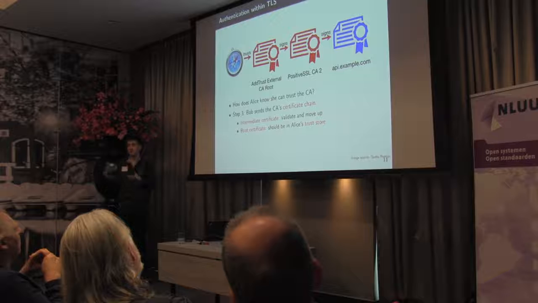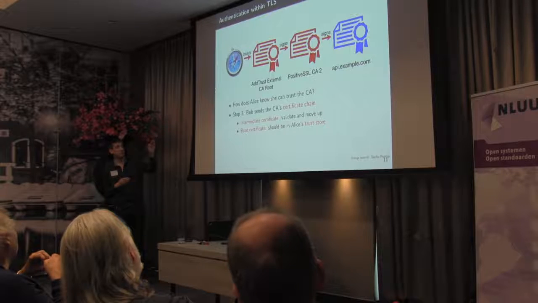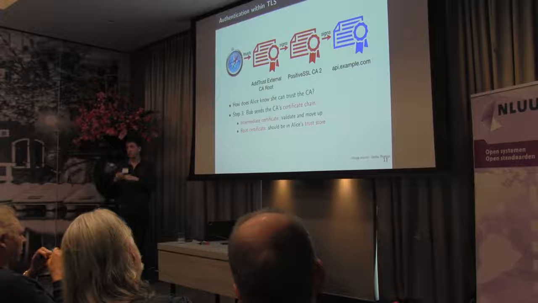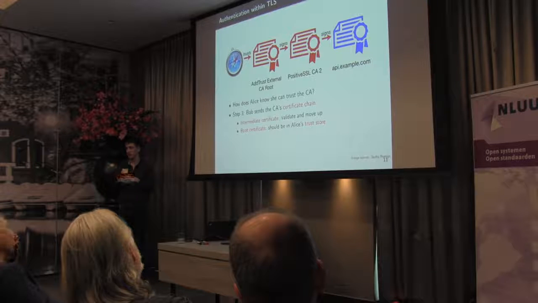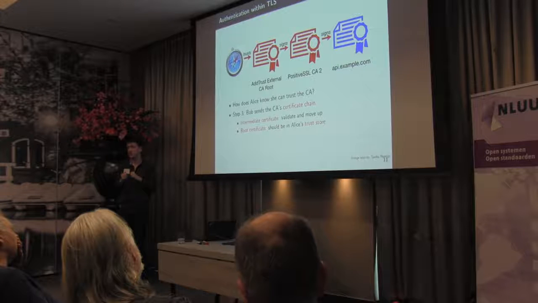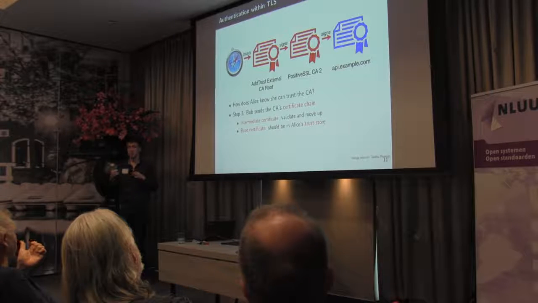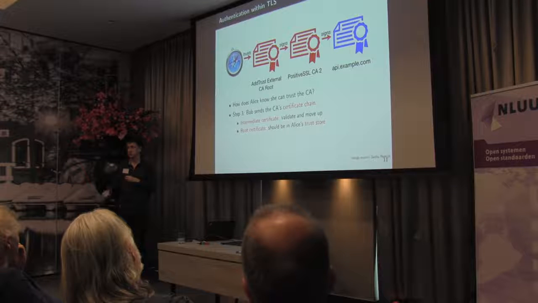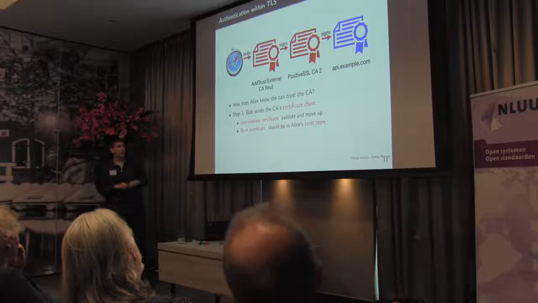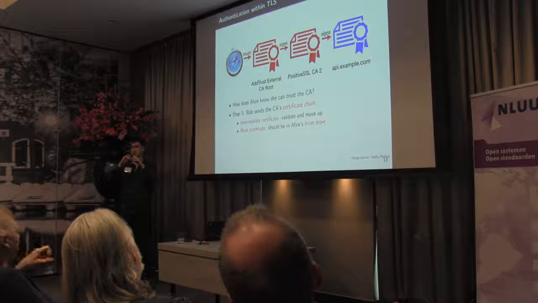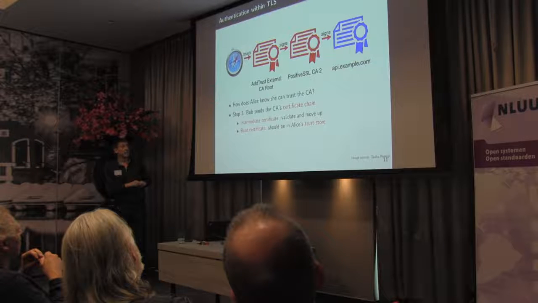And usually the same certificate authority operates multiple levels of certificates. For example, an intermediate certificate that is valid for a smaller period of time, and a root certificate that's valid for much longer, and that's much harder to, for example, retract. So what Alice does, she verifies all the certificates in the chain.